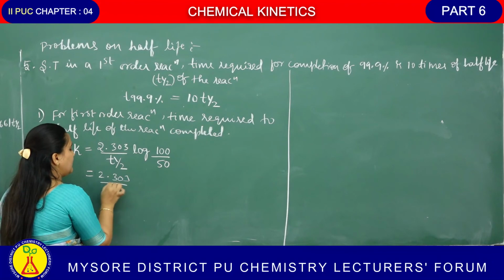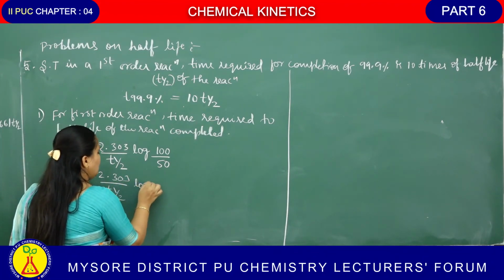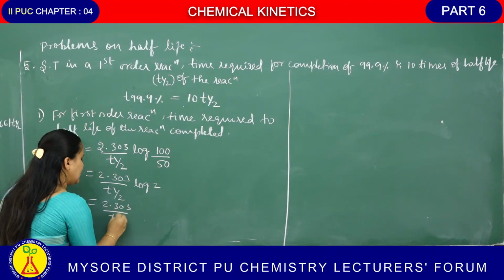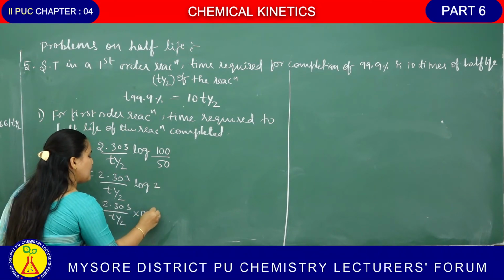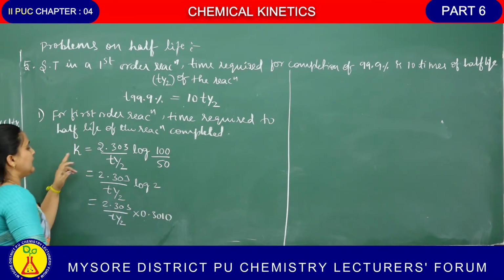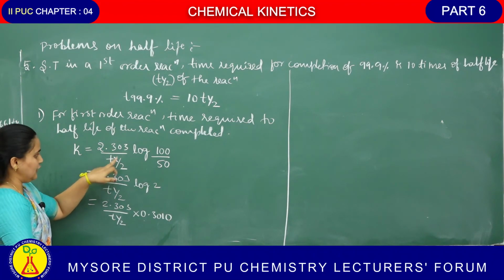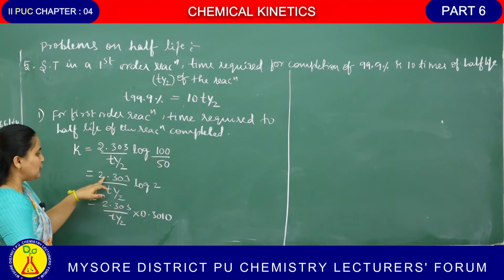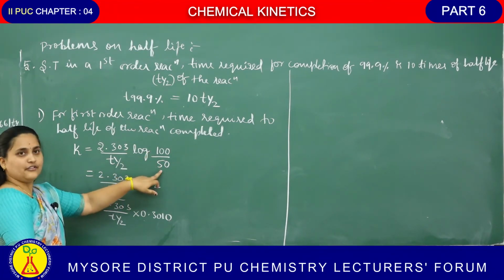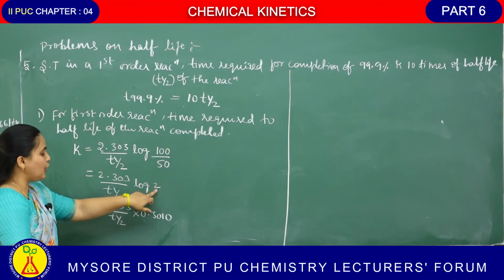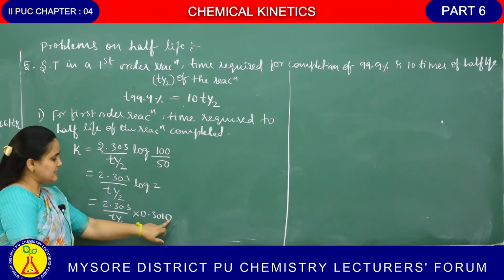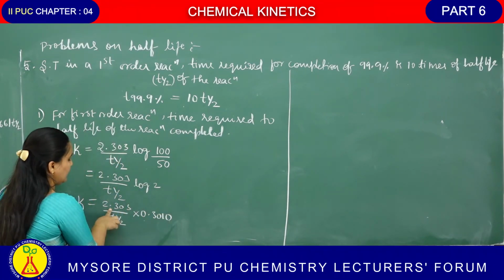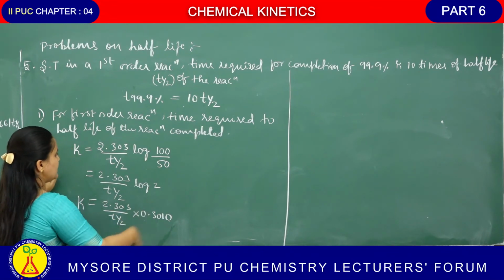K is equal to 2.303 divided by t half log 100 divided by 50, we get log 2. Log 2 value is how much? 0.3010. Finally, we get K is equal to 2.303 divided by t half into 0.3010.